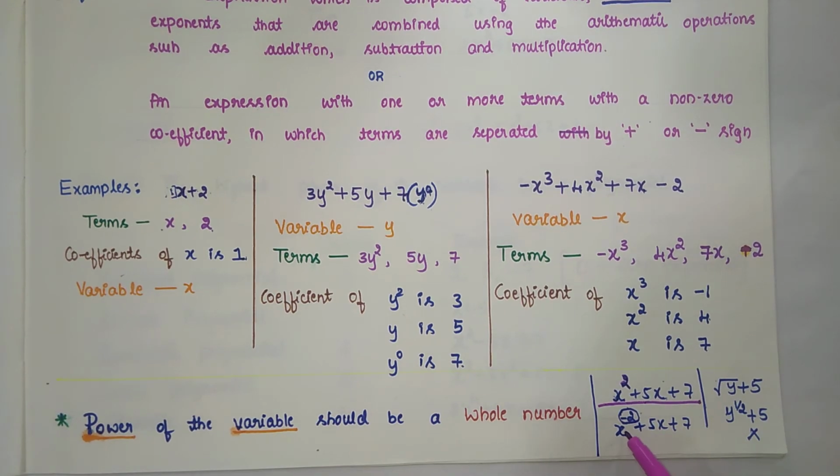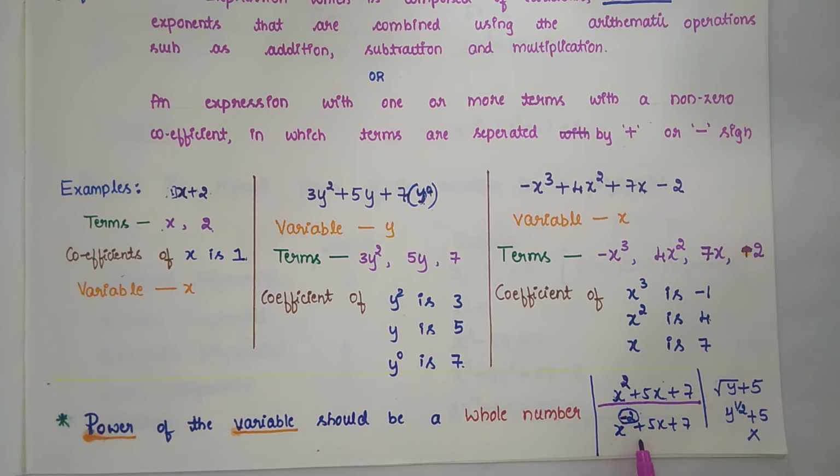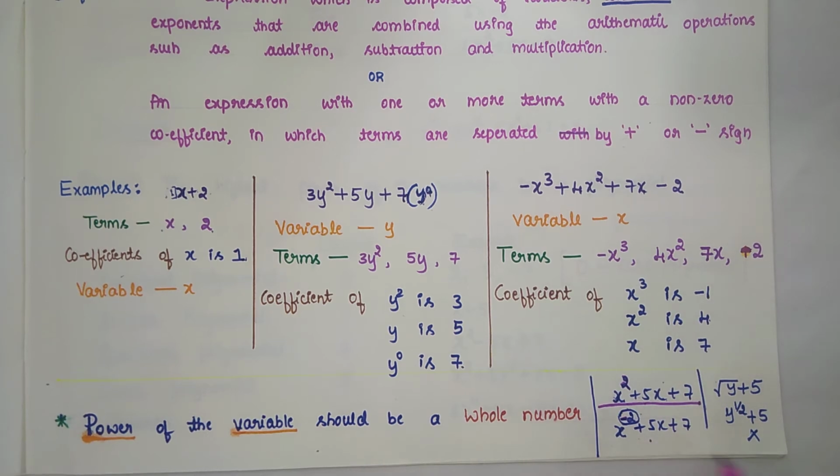But if I take x power minus 2 plus 5x plus 7, we cannot consider this as the polynomial because I have x power minus 2 and minus 2 is not a whole number. So this expression does not satisfy the condition that power of a variable should be a whole number. So we can just call this as an expression but not as a polynomial.